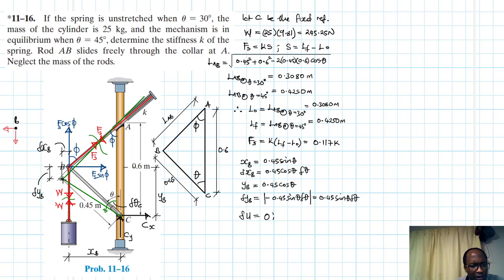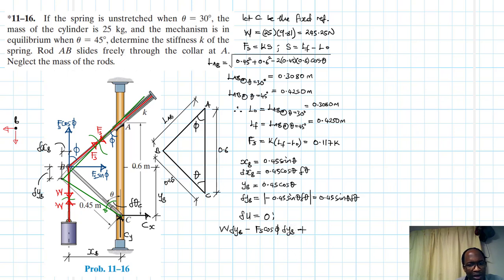What do we have at b? In the y direction, we have two cases. In the first case, w is in the same direction as our vector displacement, therefore we have a positive virtual work. So w times del yb, then minus, these are in the opposite direction, fs cos phi del yb.